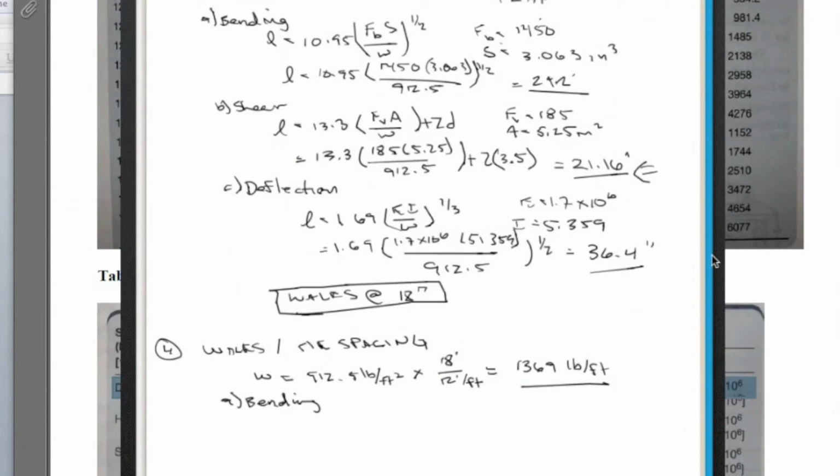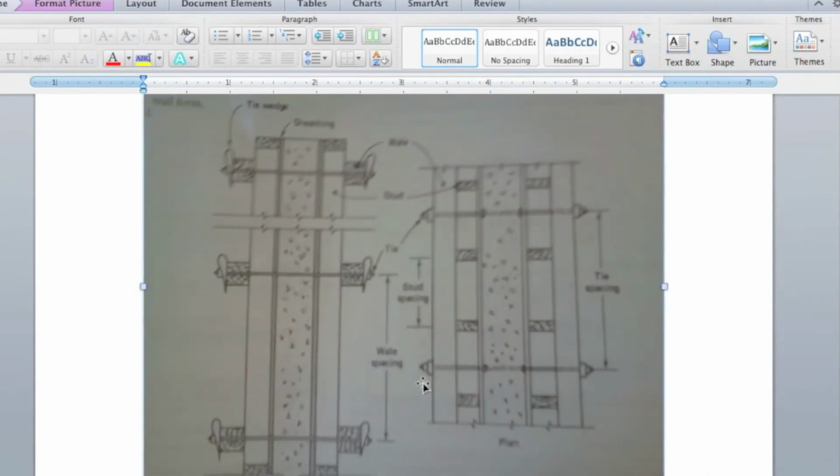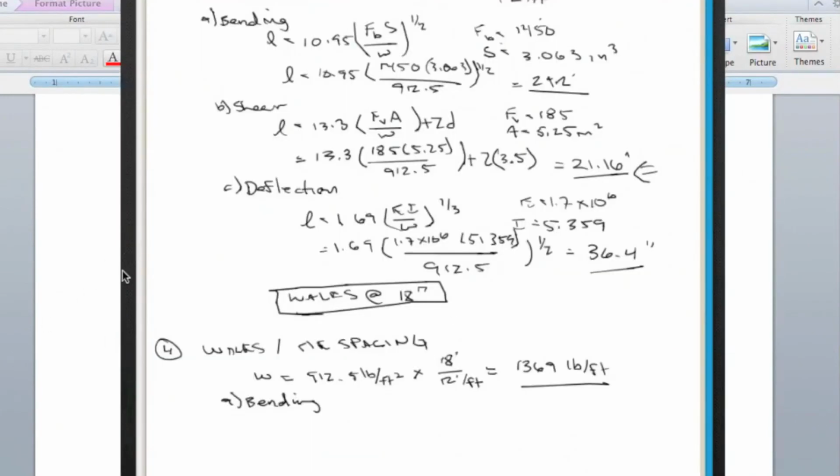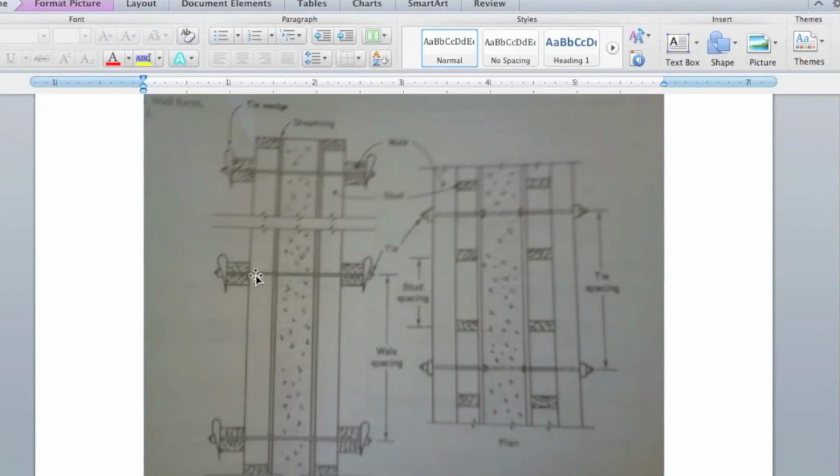So the ties, if we go back to here, you can see the ties are here, and there's 2 2x4s sticking through these ties here. Okay, so that's important to remember, and make sure that you get that from your problem statement, or if you're designing it, it's pretty typical design so that you don't have to actually drill through your tie spacers.